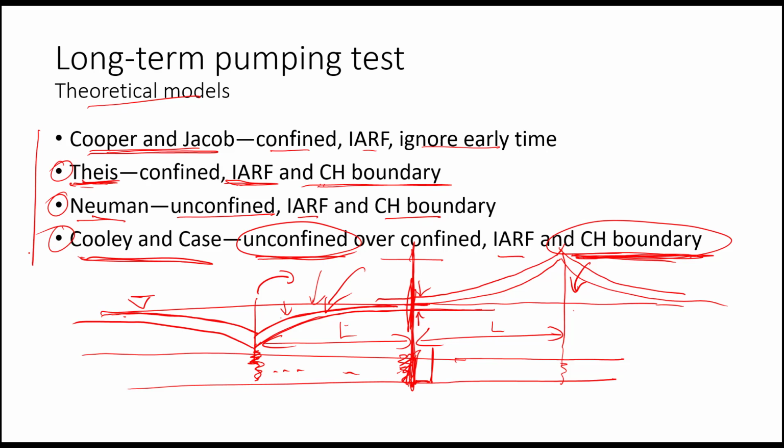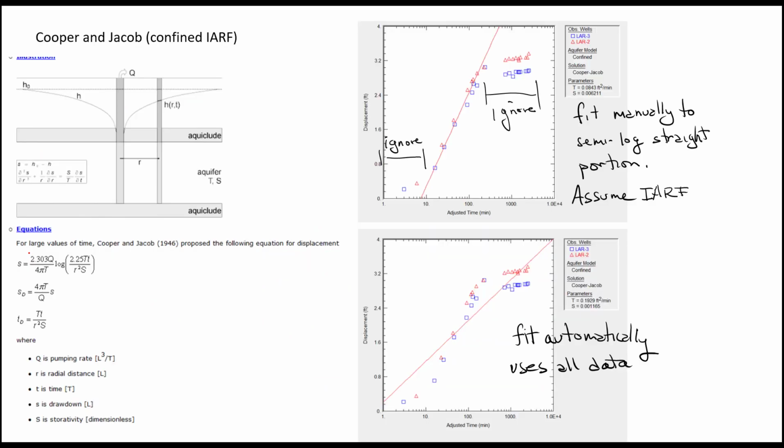Okay, so what I want to do is take a look at these individual cases and look at the kind of information that we can get by fitting these solutions to the data that we have from this pumping test. So we'll start with the Cooper-Jacob analysis, and what I'm showing here on the left side is a page from this software Aqtesolv, and it shows a conceptual model, this sketch here, along with some of the equations.